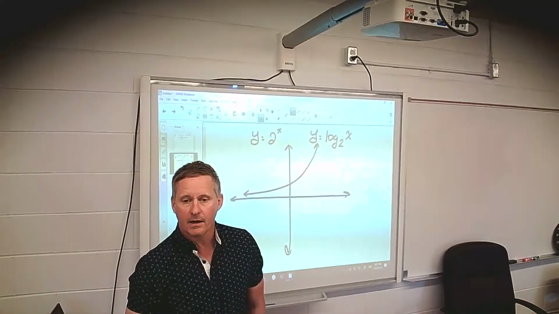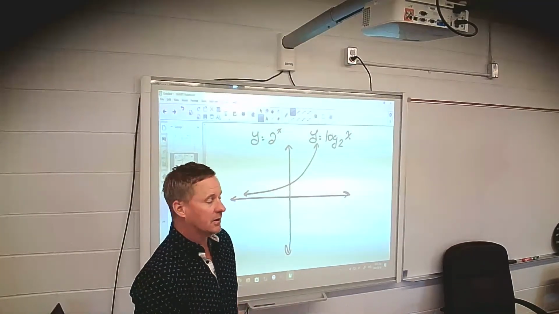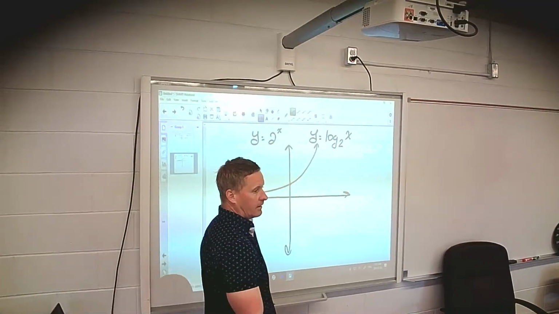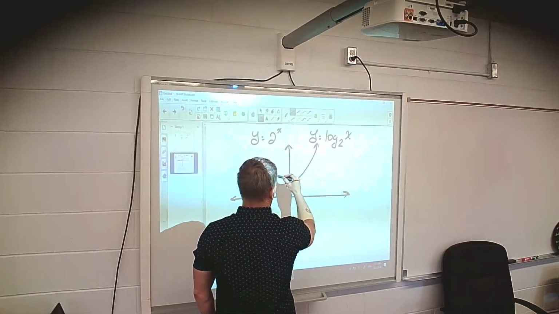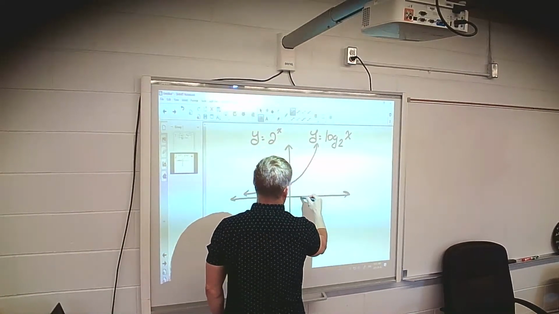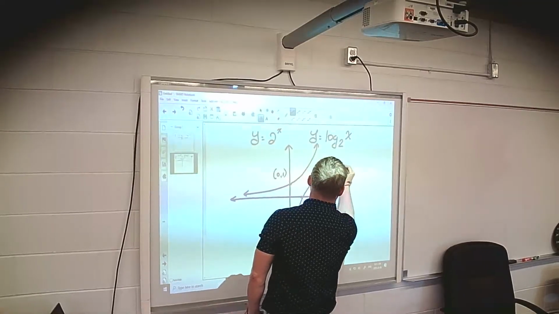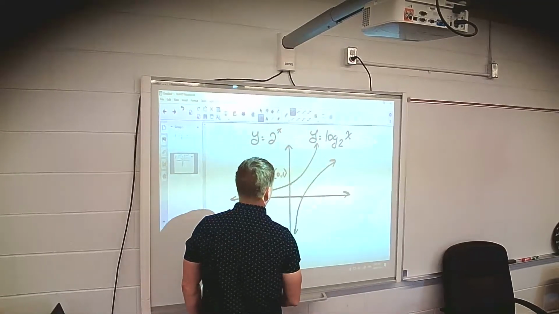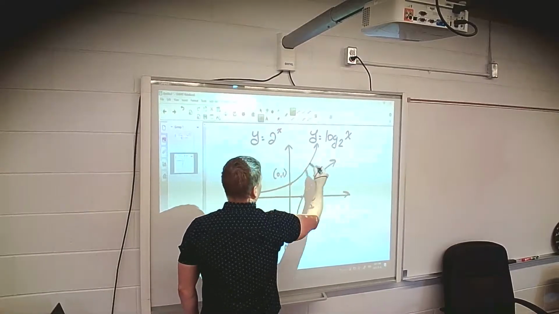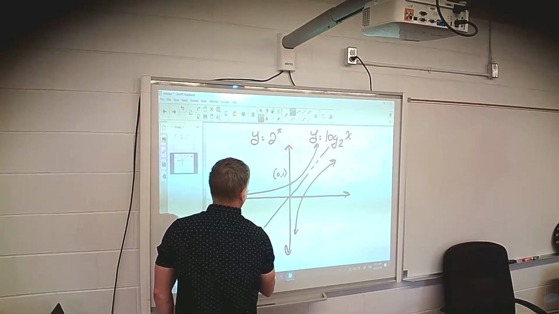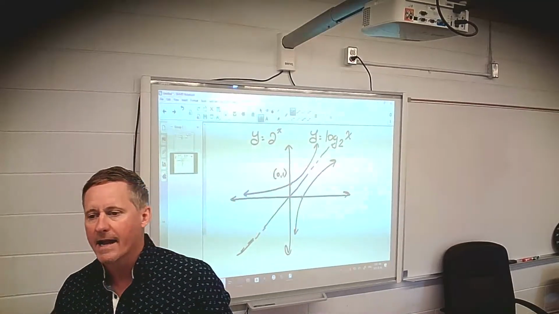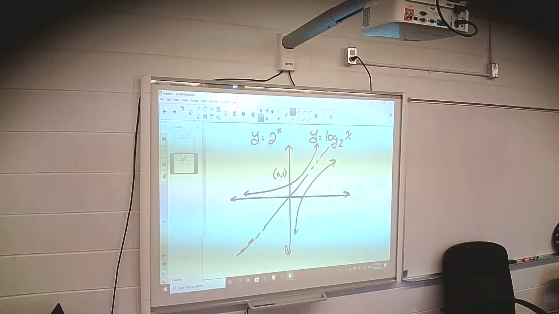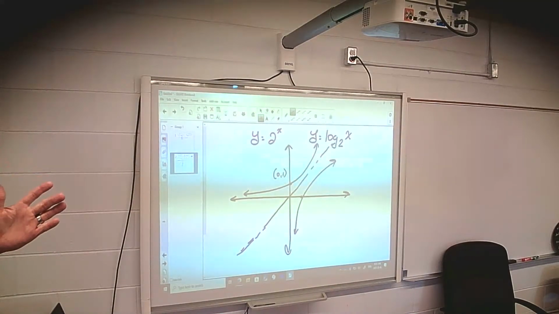There's your graph of y equals, let's say, 2^x. This is (0, 1). That becomes (1, 0). And the graph looks like that. They're inverses of each other. An inverse is a reflection over the y equals x line. That means if I fold it on the diagonal, I'm going to end up with the exact same graph.